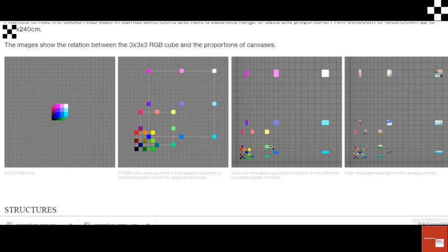So there are 27 canvases, each directed towards a different color of this cube. So there is a white canvas, this is the biggest one, and the smallest is black, its opposition. Cyan and magenta are the longest or the highest. In the middle there is a 1 meter by 1 meter gray canvas containing a map of the whole arrangement, the whole system.